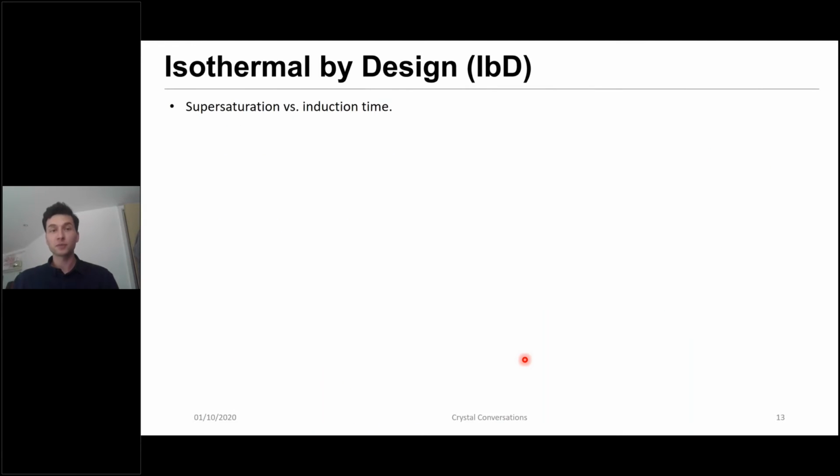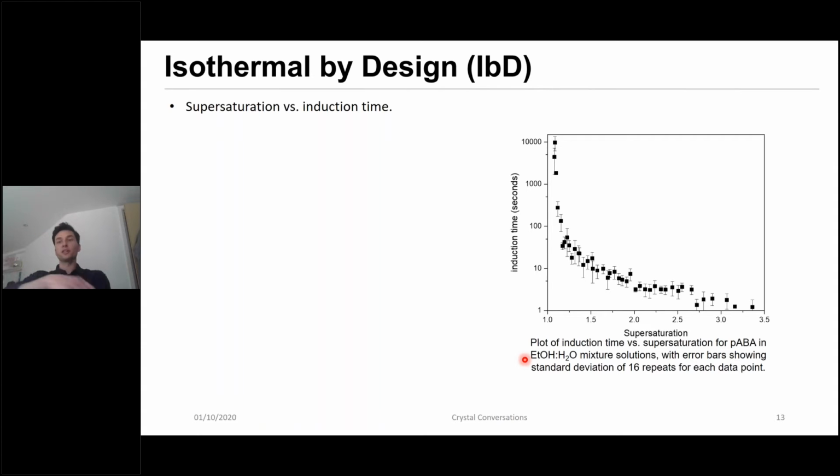So the data collected from this, if we look at this figure here to the right, we see supersaturation versus induction time. From the low supersaturations I used, we're getting induction times in the order of 10,000 seconds. But as we increase this, we find that higher supersaturations reduce induction times to around a second.